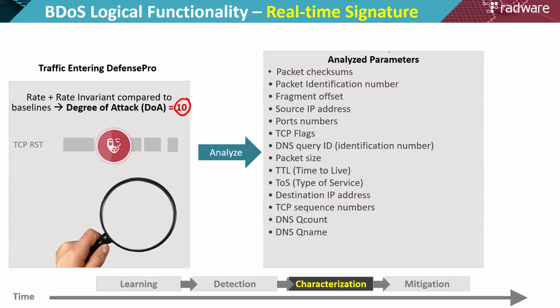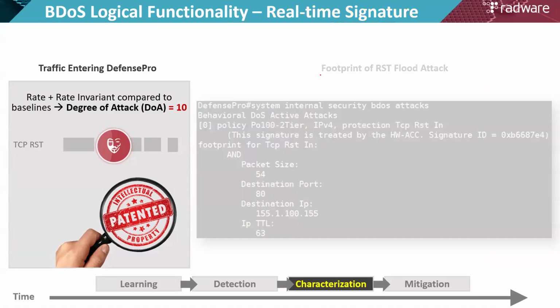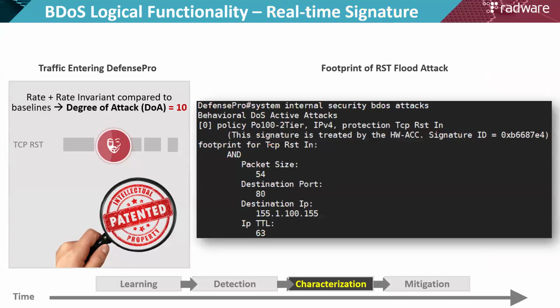Based on the attack traffic, we might select, for example, source IP address, destination IP address, time to live, and packet size. These are four parameters which are matching the attack traffic, and based on these four parameters, we will then be creating a real-time signature. This is known as RTS, or real-time signatures, and the attack is for TCP reset.